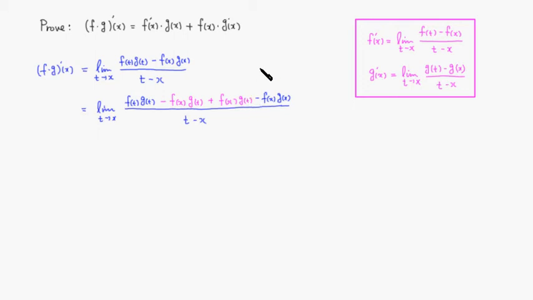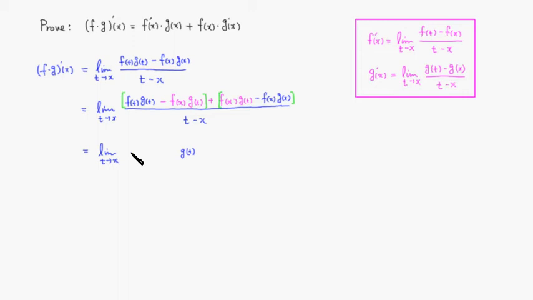Then what we get is this. We're going to split the fraction into two separate fractions. First, I'm going to group the first two terms together and the last two terms together. Since g of t is in common in the first two, I'm going to pull out the g of t.